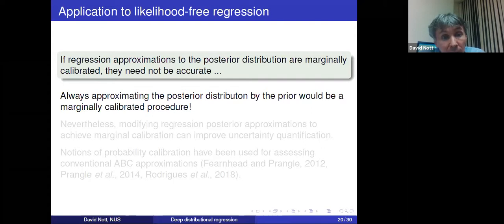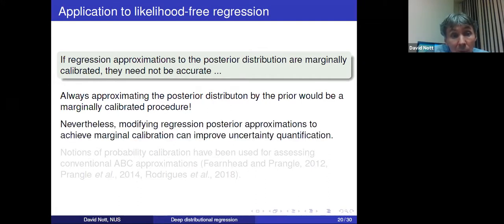That would be a marginally calibrated procedure, but it would give you terrible approximations to the posterior distribution in general. So imposing marginal calibration on a regression model is not guaranteed to give good distributional approximations, but we do find that it does improve uncertainty quantification markedly, empirically, in many examples.